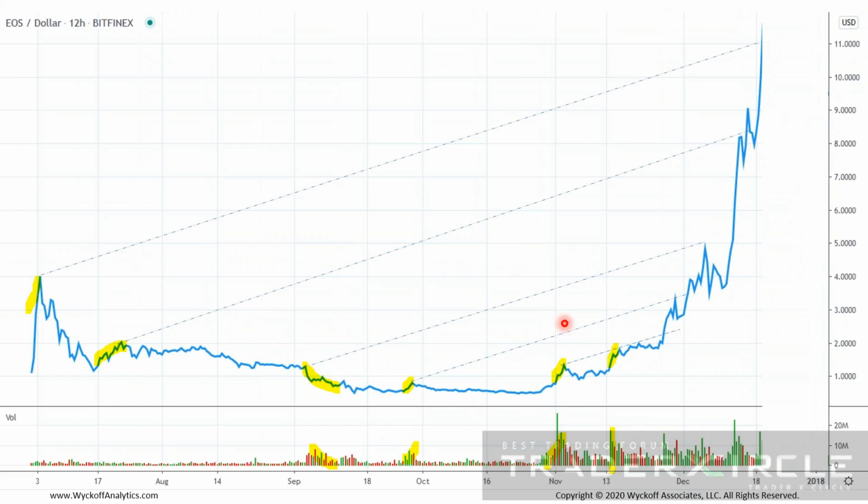But the trick is that when you have a big range with a phase B with a prolonged period of inactivity, and this situation is very common in cryptos, and you expect buying on the way up all of a sudden, this technique can help you a lot when conventional trend lines are not useful.